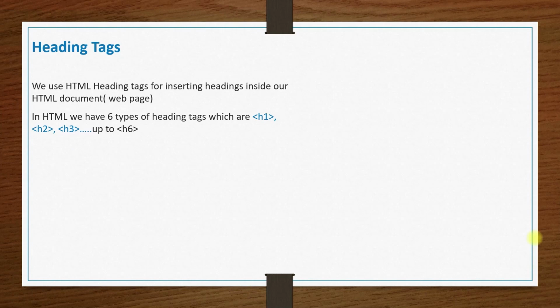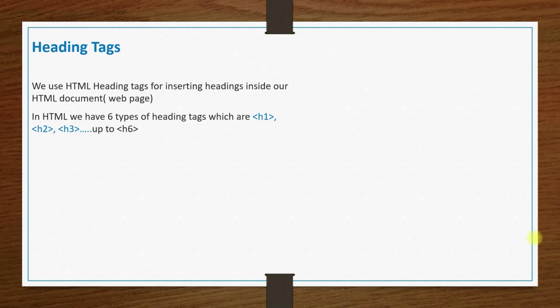Maybe some of you ask that we use those headings in writing some documents or in writing some books. So are we going to write any book in our webpage? No. Suppose that sometimes you want to make an informative website, and in that informative website you give information about different things, like maybe about the biography of some writers or some artists or other people.